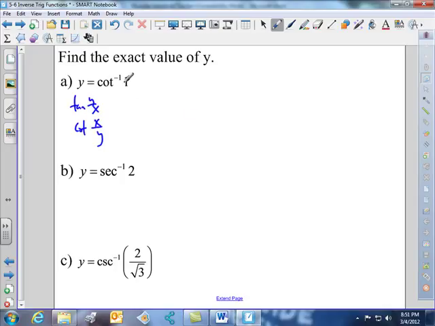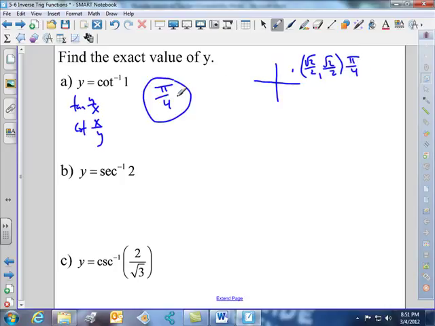We want the ratio of x over y to be equal to 1. Well, that can only happen right here at the coordinate radical 2 over 2, radical 2 over 2, because if the x and the y values are exactly the same, that would give us a ratio of 1. The angle at that coordinate is pi over 4. So our answer is pi over 4.